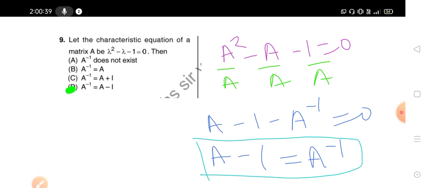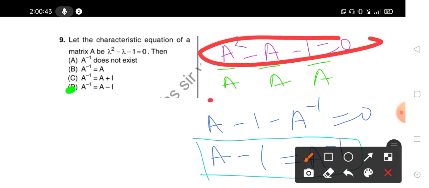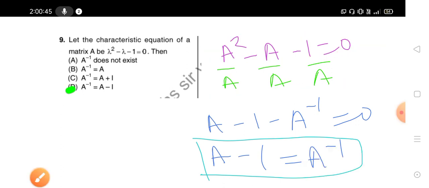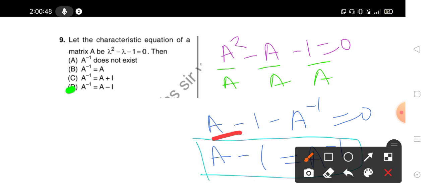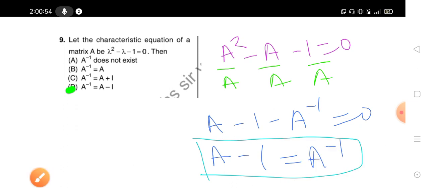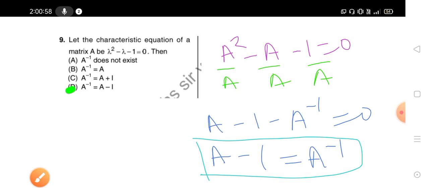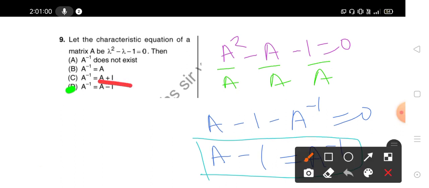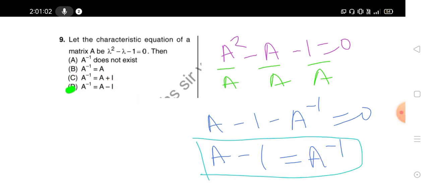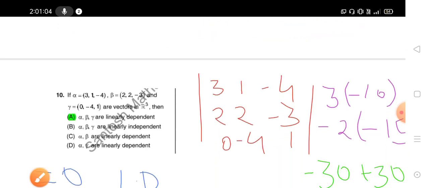We can divide this equation by A, and here we get A square by A equal to A, and minus 1 minus A inverse equal to 0, and A minus 1 equal to A inverse. This is the option given. This is true.